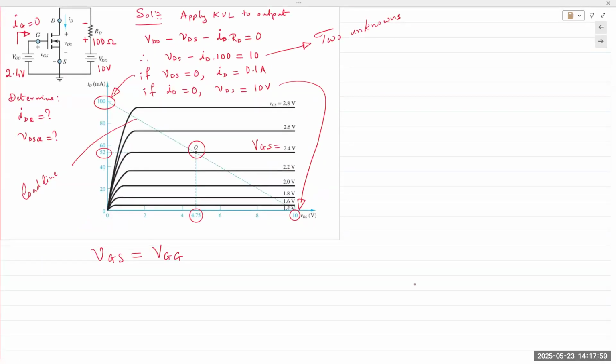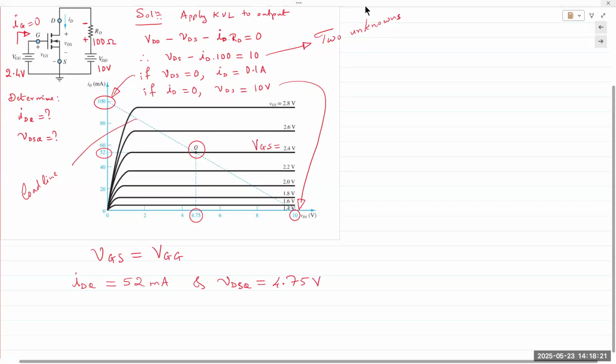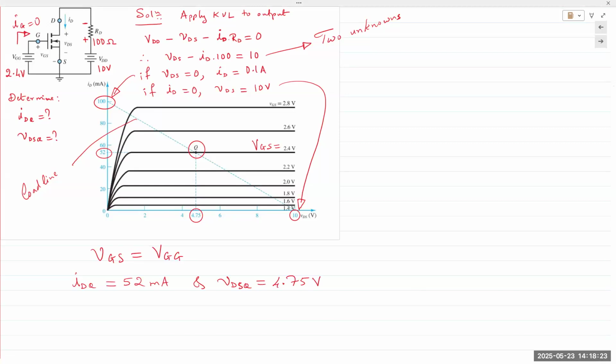We can write IDQ is 52 milliamps and VDSQ is 4.75 volts. And that's it.